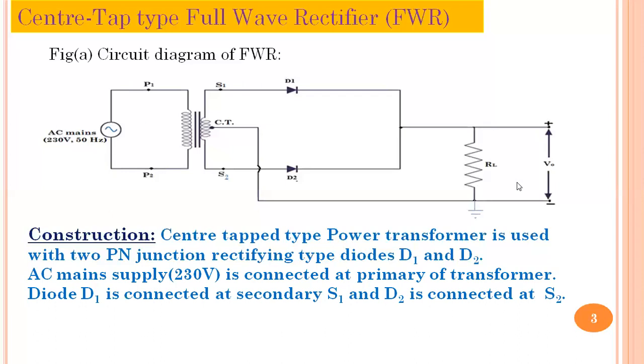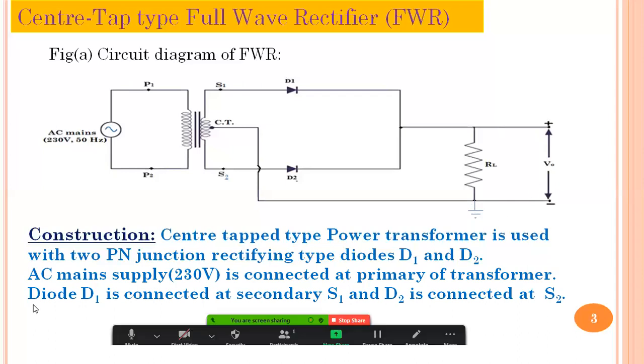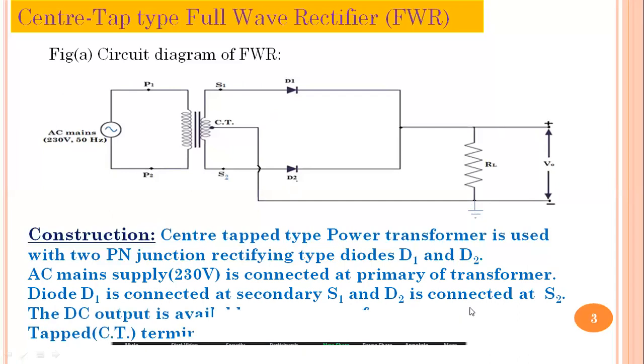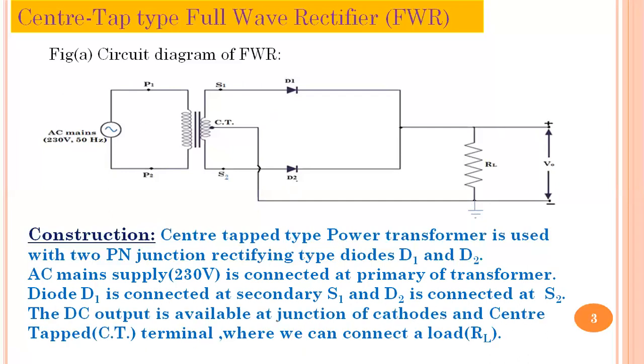So across the load, we will get rectified DC output. Diodes D1 and D2 will work here as rectifier. The output voltage after rectification will be available across the load between the cathodes of the two diodes and the center tap terminal. The resultant output PO will be a DC.